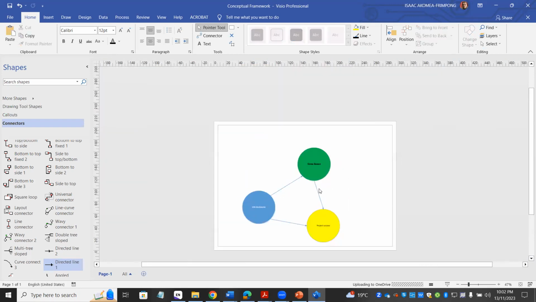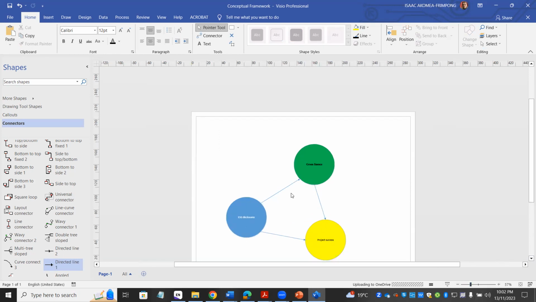So this is how it's being hypothesized. So that's the general idea. This is a theoretical framework, which later on I'll modify, but for now that's the idea.